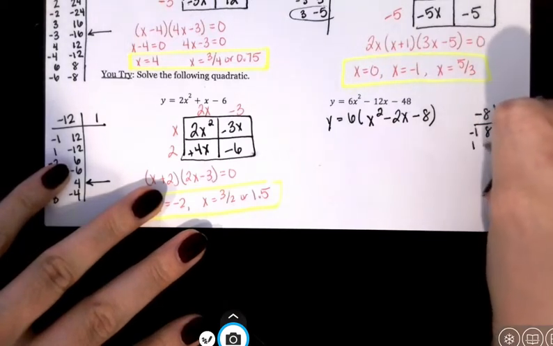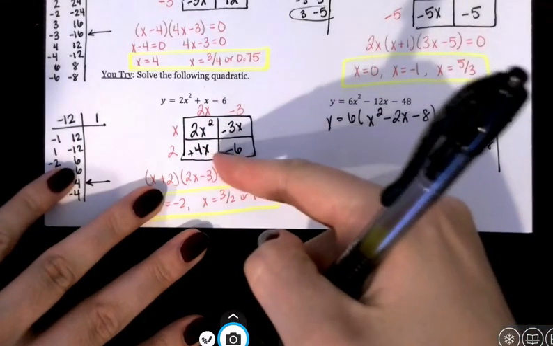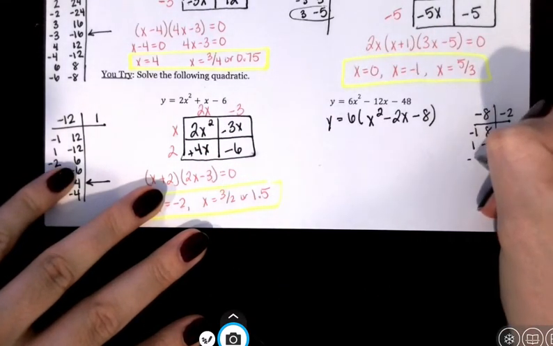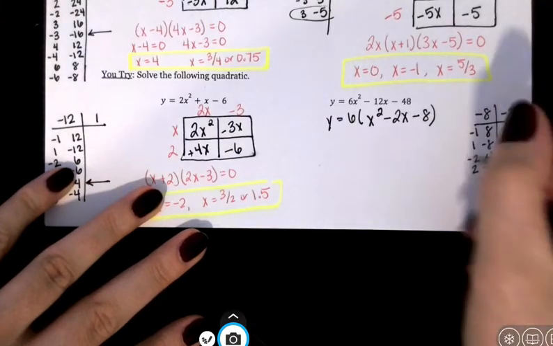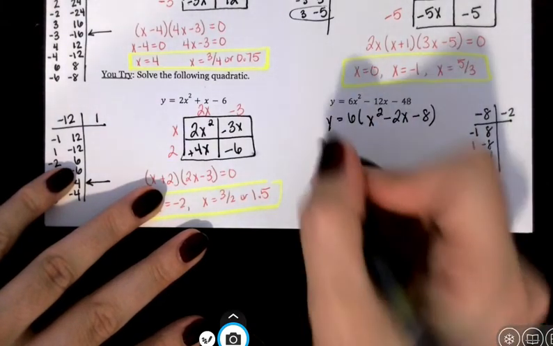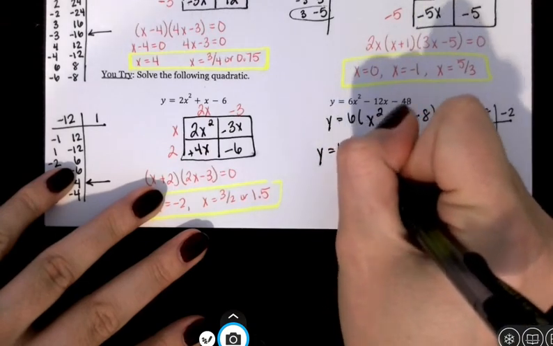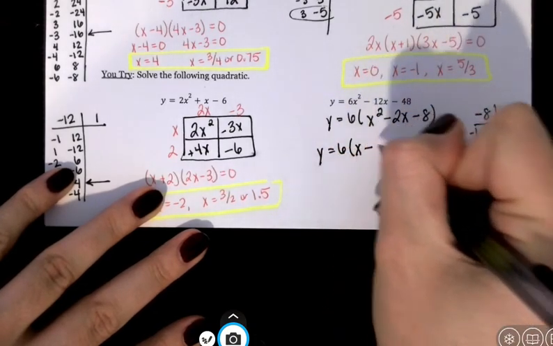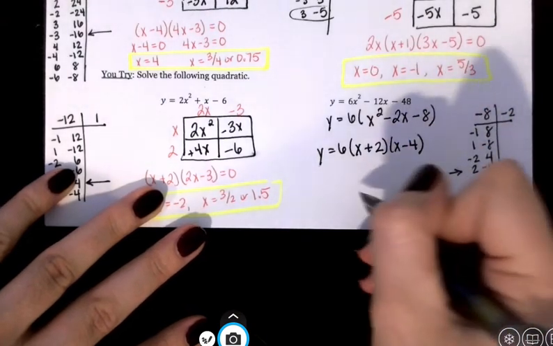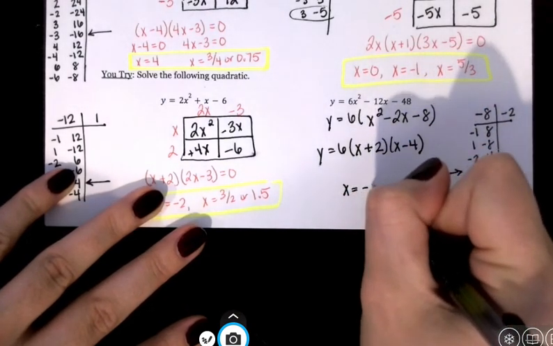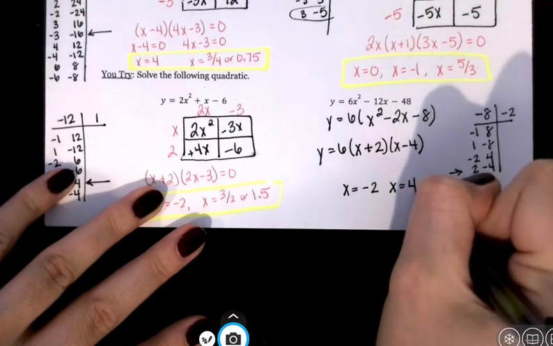Well, that's nice because I don't have to do the reverse box method. I can factor it how we would normally factor it. If it's adding up to negative 2, I want that last one there. So I would have 6, x plus 2, and x minus 4. I break them apart, set them equal to 0. I get x equals negative 2, and x equals positive 4.